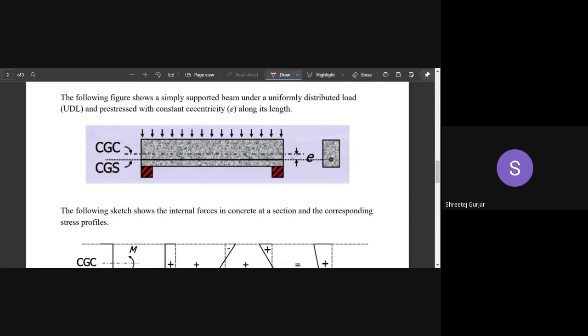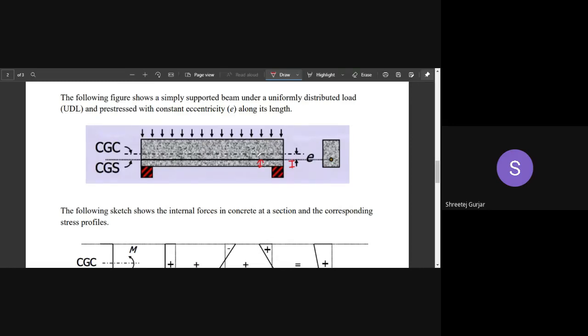Usually in your numericals this distance is mentioned. They say that the pre-stressing tendon is located at 50 mm from the soffit of the beam. The soffit of your beam, which I have told you, is the bottom fiber. So from the soffit of the beam, the pre-stressing tendon is located at a 50 mm distance.